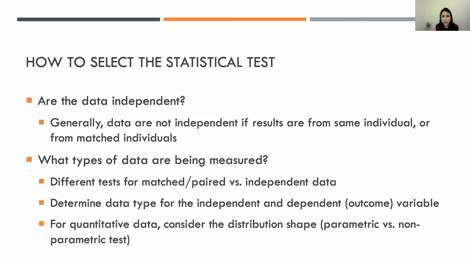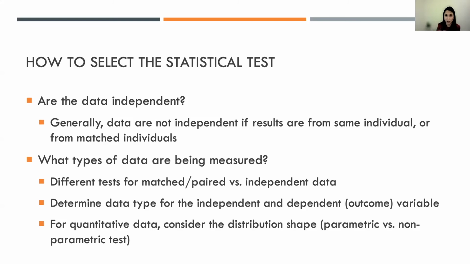The second question you want to ask is what types of data are being measured. There are different tests, and you've seen the tables for them, that differ between matched paired data versus independent data. You want to determine the data type not only for your exposure of interest or independent variable, but also for the outcome of interest or the dependent variable.